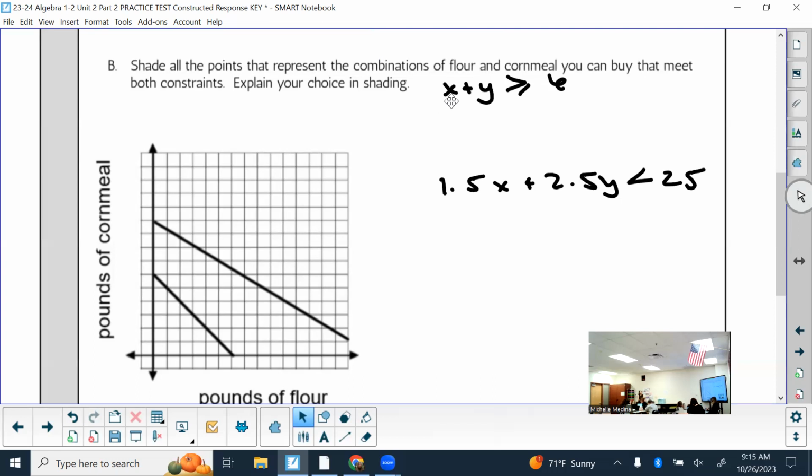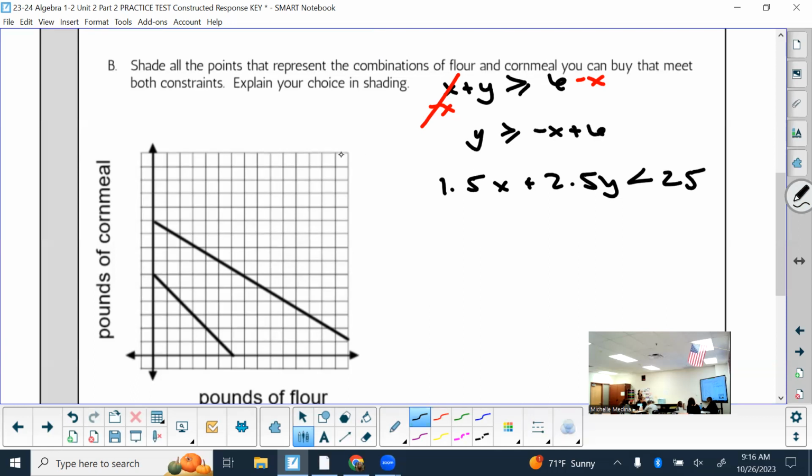How do I make that X go away? Subtract it. And whatever you do on one side of the symbol, you do to the other. That one step alone gets it in slope-intercept form, because now the Y is isolated. I don't need to flip the sign when I subtract.